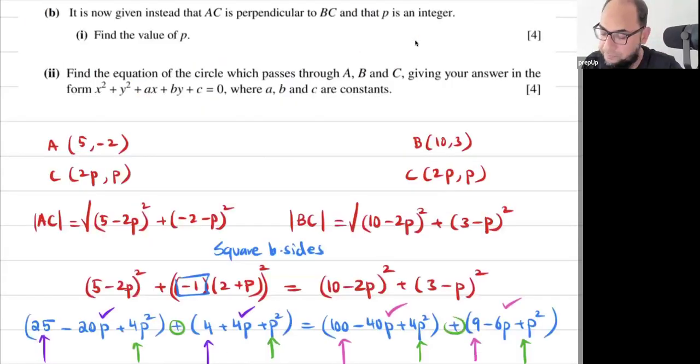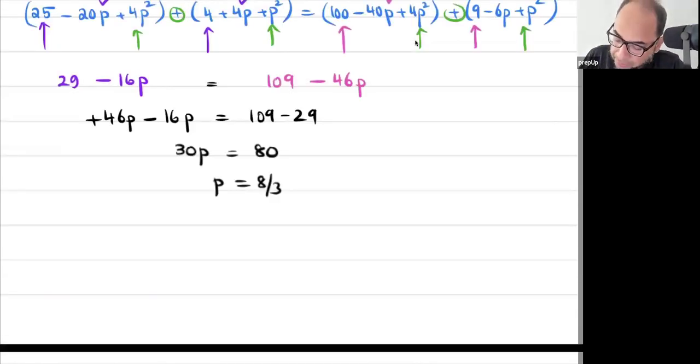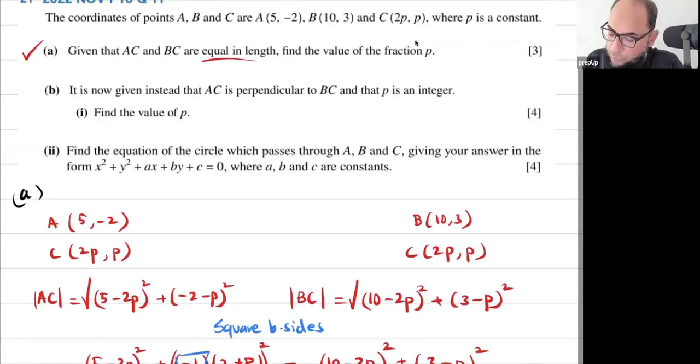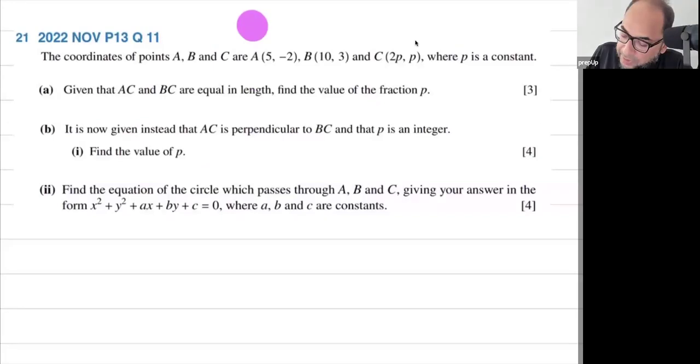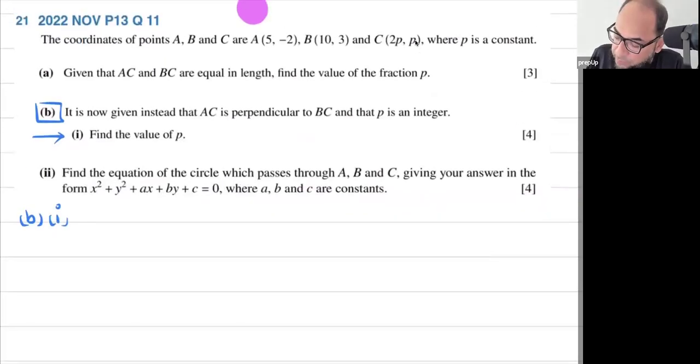First part is done. So let me write part A over here. And now we are moving to part B, part 1. It is now given that AC is perpendicular to BC.